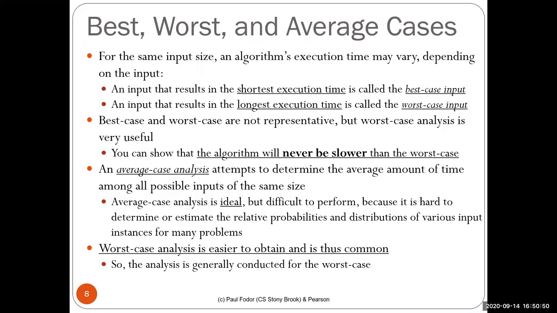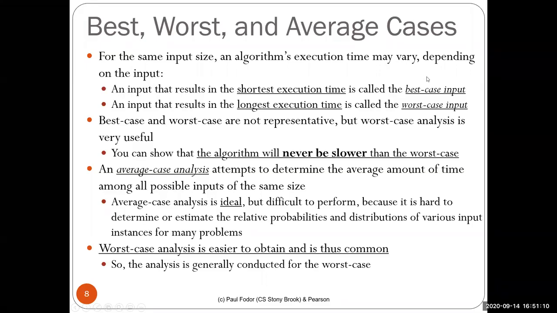If we backtrack a little bit, for any algorithm, there are inputs that give you a better time and inputs that give you a worse time. An input that results in the shortest execution time is called the best case input.